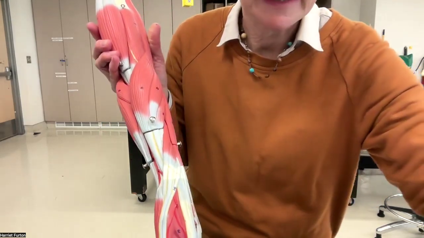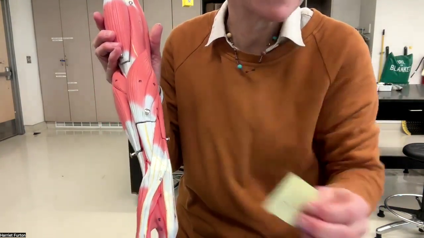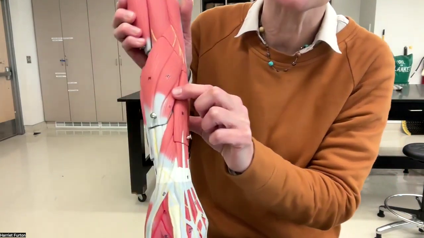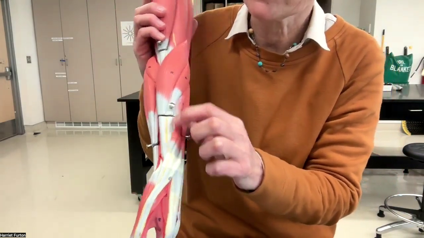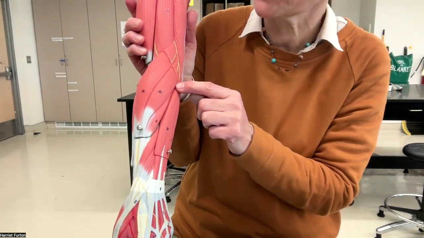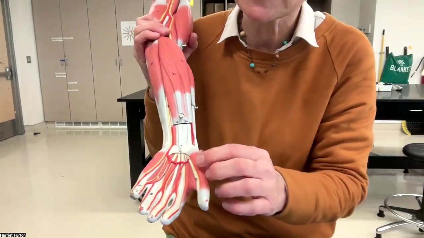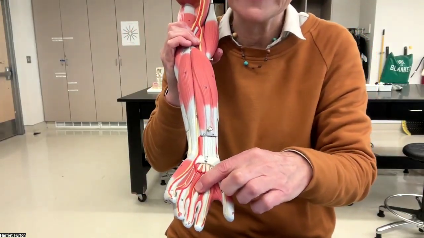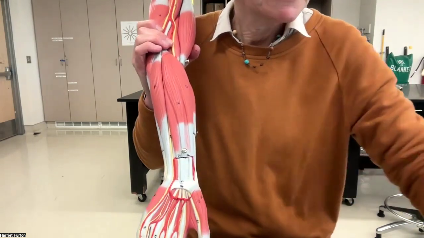The other one is extensor carpi radialis brevis. This is the tiny one next to it, the shorter one, 21. It also comes from the lateral epicondyle and inserts into the third metacarpal base. Extends the wrist too.